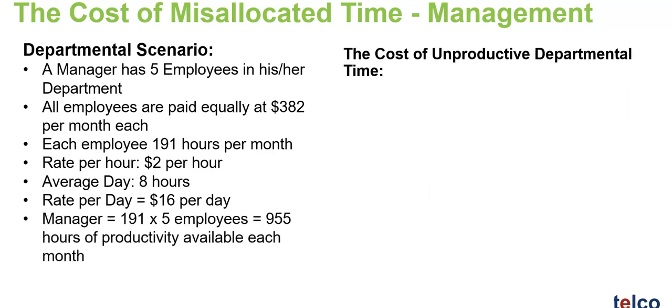Like we said, this manager has 5 employees who have to work an average of about 191 hours each month. That means the manager has at their disposal 955 hours of productivity available through his team of subordinates that report to him or her.